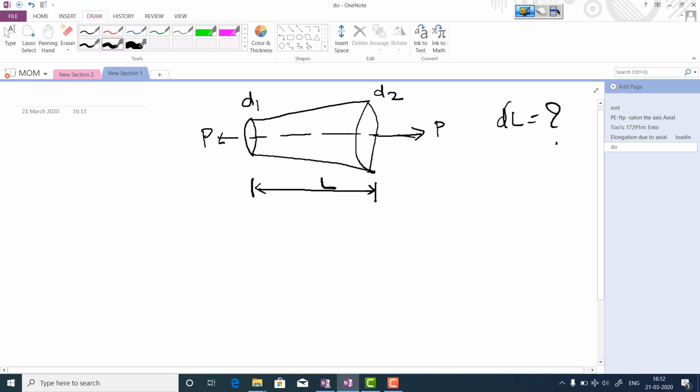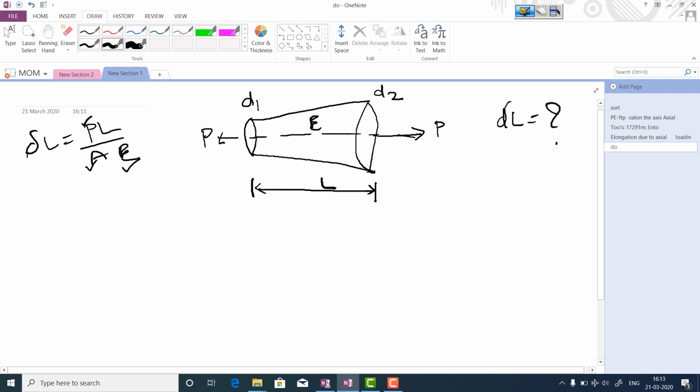Now here we can see that the load is constant, so we already know the equation of delta L is PL by AE, when load, area, and E are constant. Here E is constant as this element is made up of the same material.